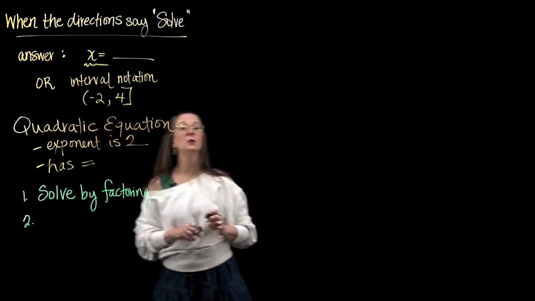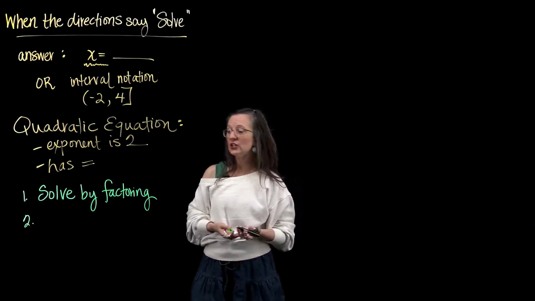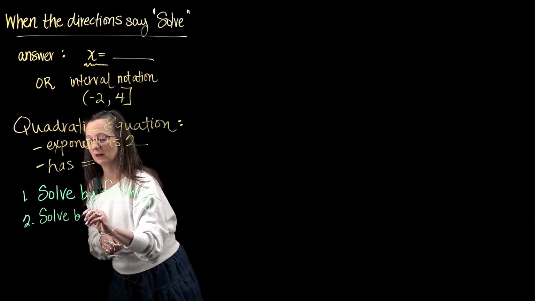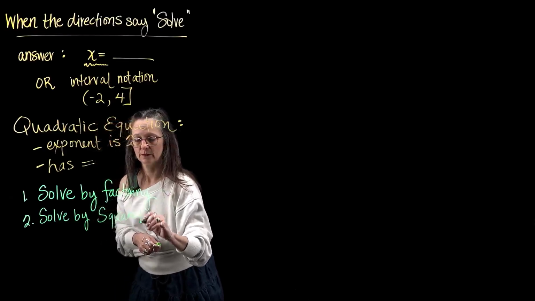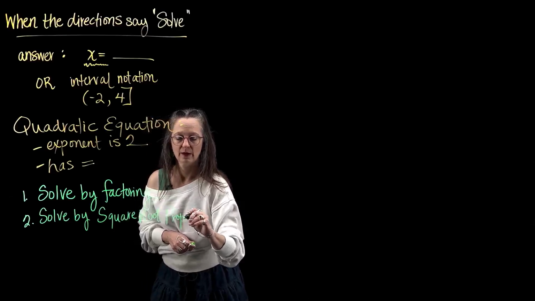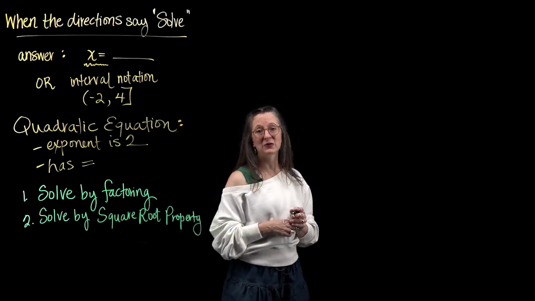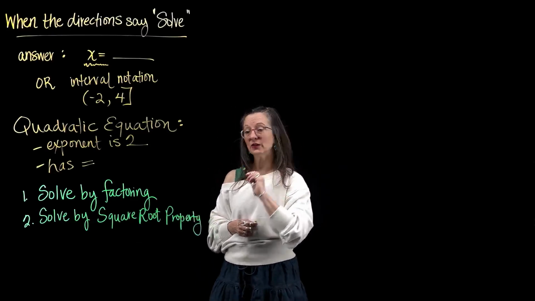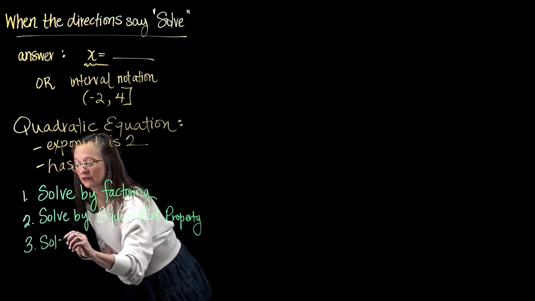Now the second way to solve a quadratic equation is going to be solved by the square root property. And again, I have a whole video on that, so I want to encourage you to check that one out as well. The third method is solve by quadratic formula.